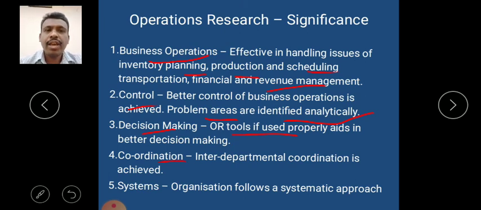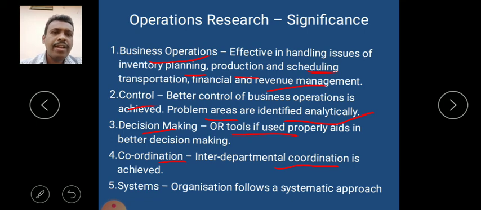Coordination can be achieved. It may be interdepartmental coordination, or it may be manager to manager coordination, or employee coordination also. So interdepartmental coordination is achieved. For instance, if one department feels that it has a lot of inventory or lot of resources, it can give some of these resources to some other department, and hence it can save on it, and hence coordination is improved.